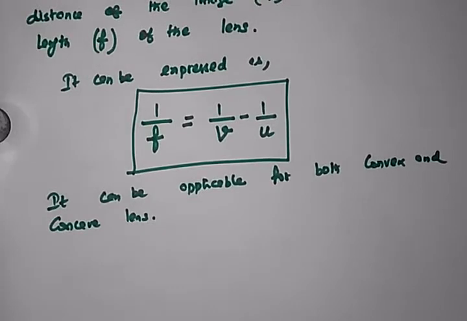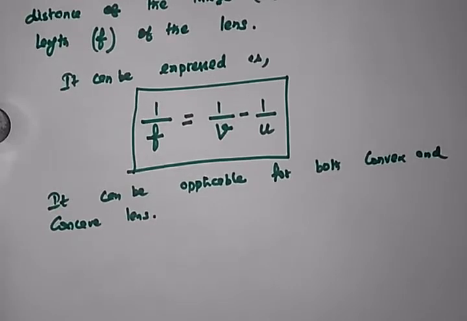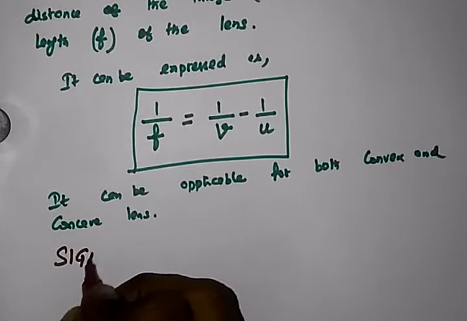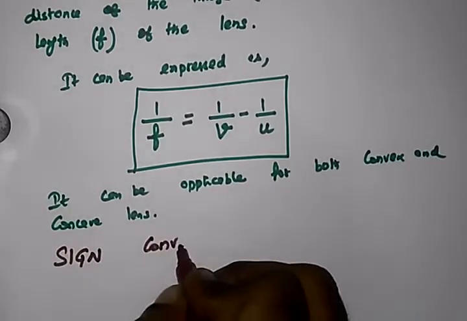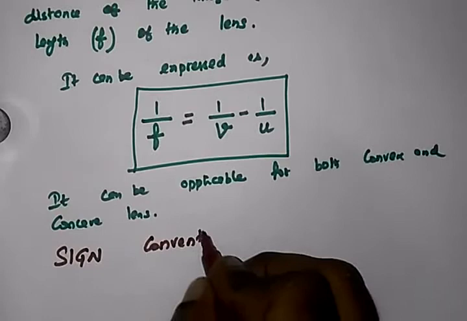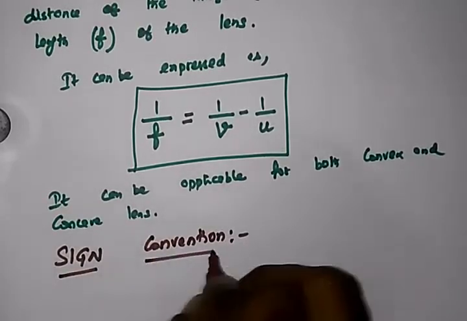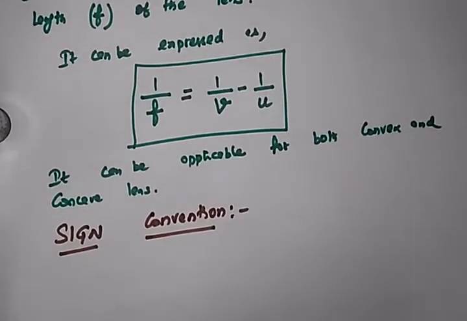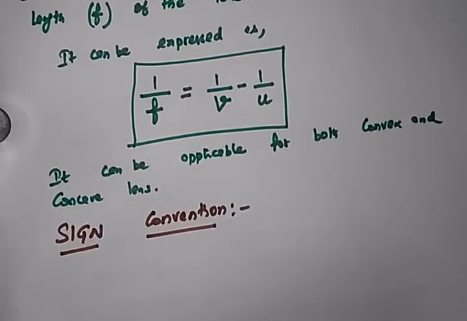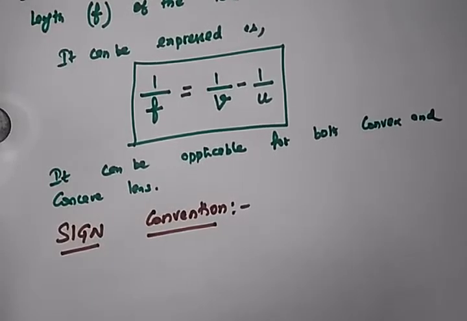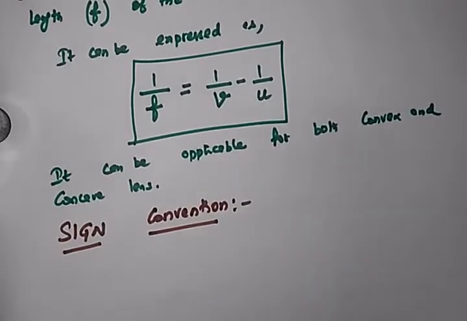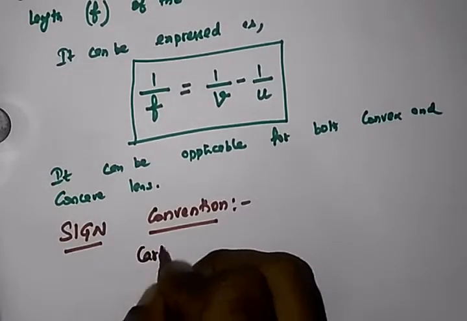Okay, next, sign convention. We saw the sign convention earlier, didn't we? The Cartesian sign convention is used for measuring various distances in the ray diagram of spherical lenses. We have studied Cartesian in mathematics.